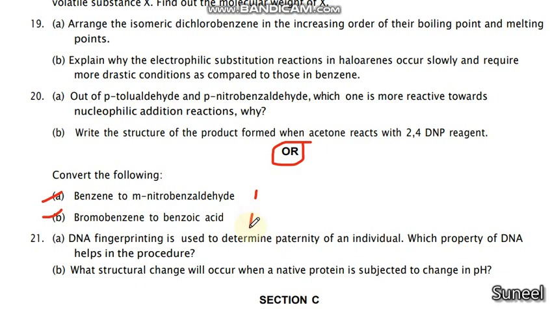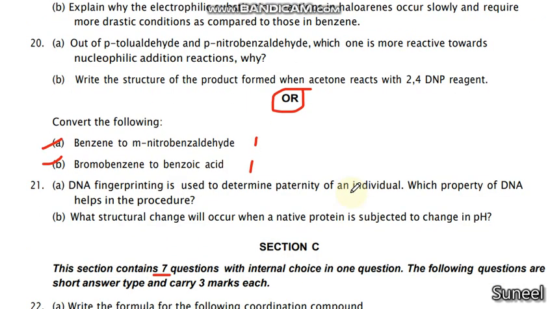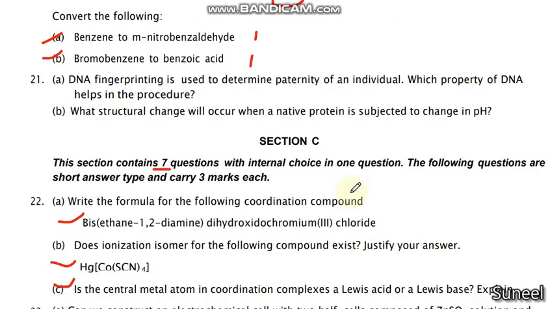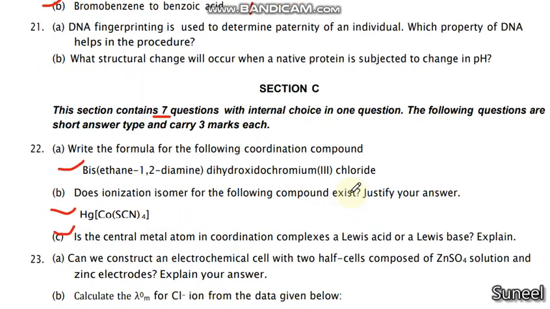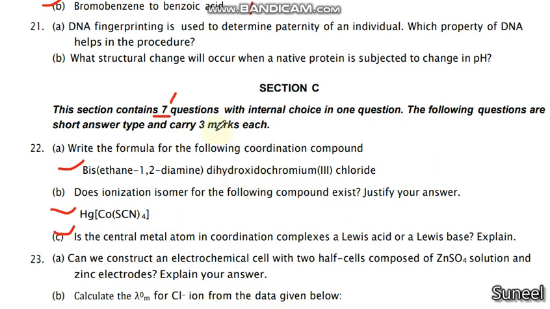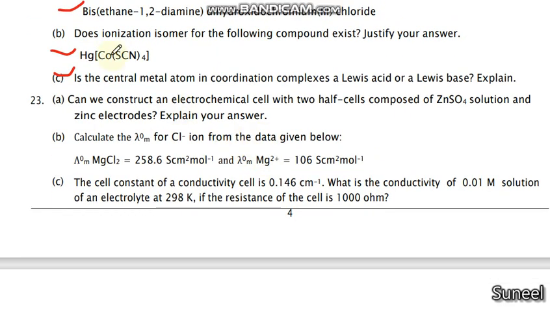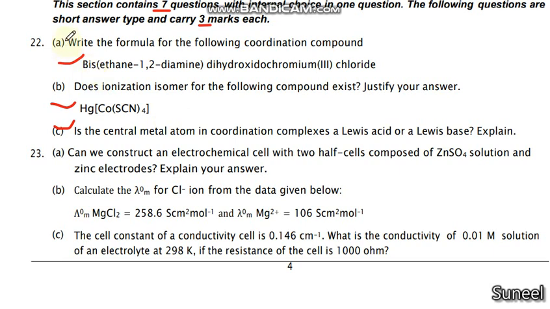So, each part is generally to be answered in 1 sentence. Section C contains 7 questions with 2 internal choices. Just like section B, the theoretical questions of this section may also be divided in 2 or 3 parts and therefore must be answered accordingly.